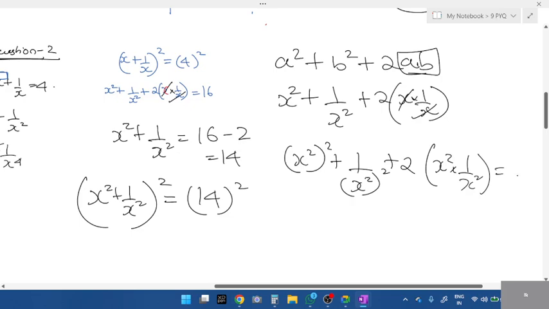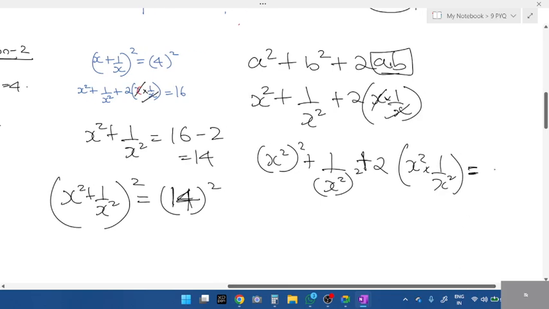How much is 14 square, Anya? Yes, respond, Anya. Right hand side, 14 square. How much is 14 square? You told you completed.